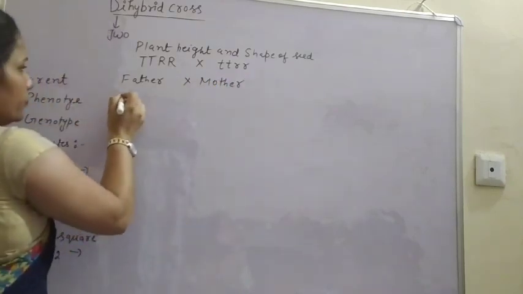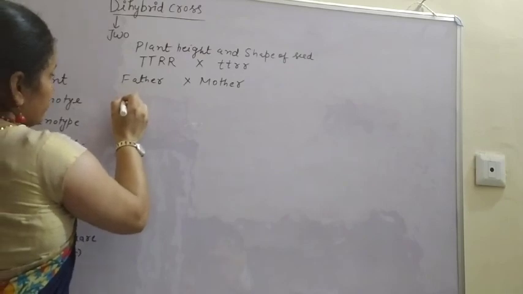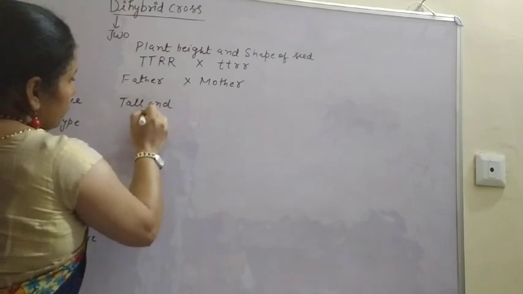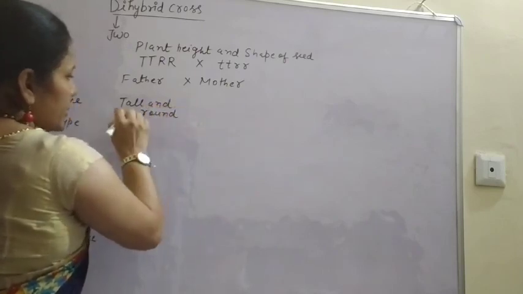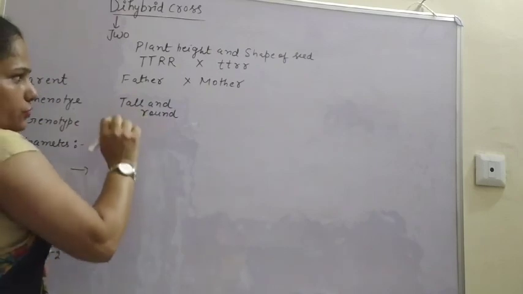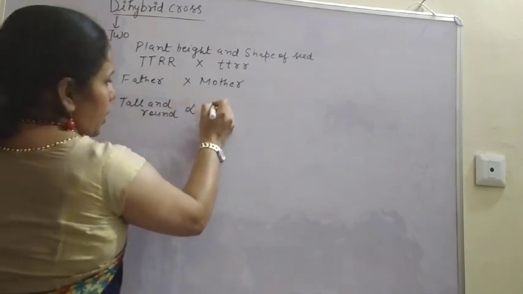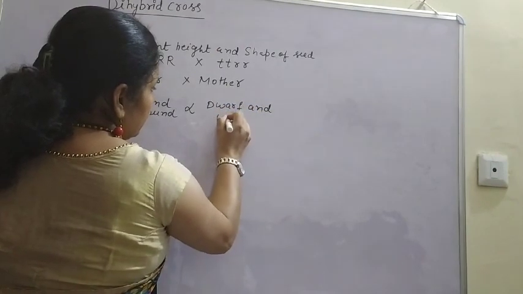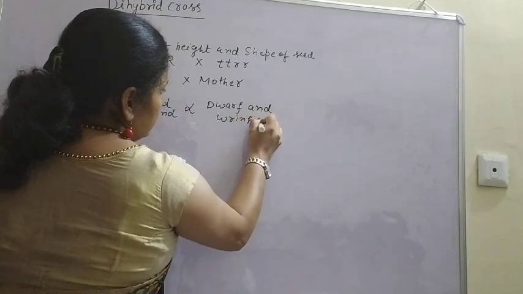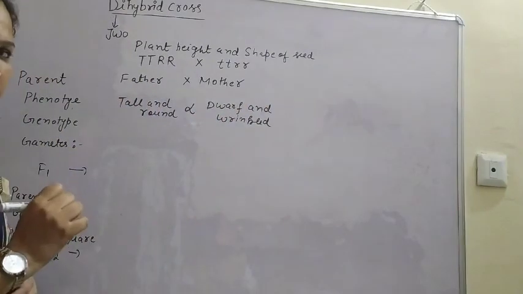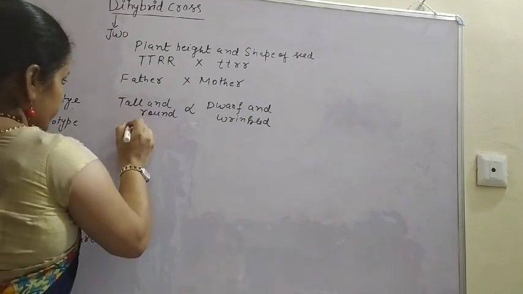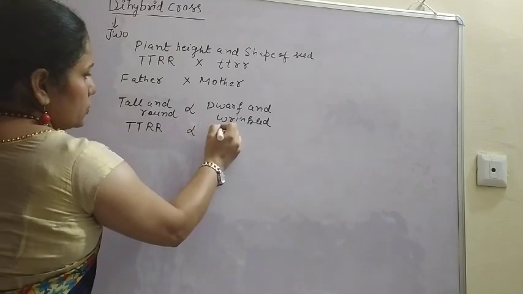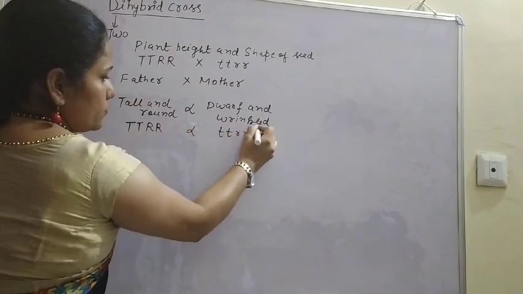The phenotype for the father is tall and round, because tallness and round shape are dominant, and dwarf and wrinkled, that is the recessive character. So the genotype should be capital T capital T capital R capital R, cross, small t small t small r small r.